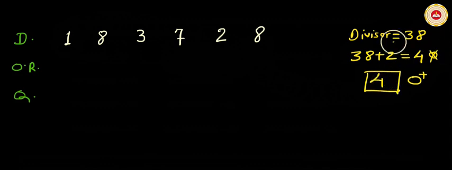Correct? So first step, starting from the left side, consider the leftmost digit 1. Divide this 1 by 4. Not possible because 4 is greater than 1. So join the second digit 8 to this 1. Now you have 18.